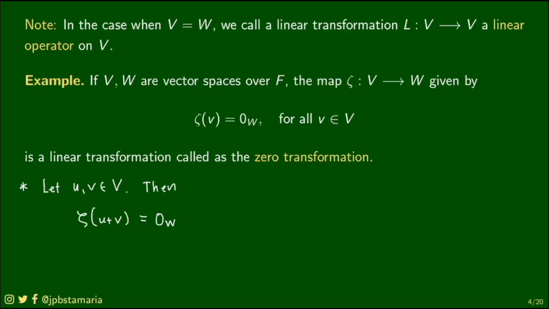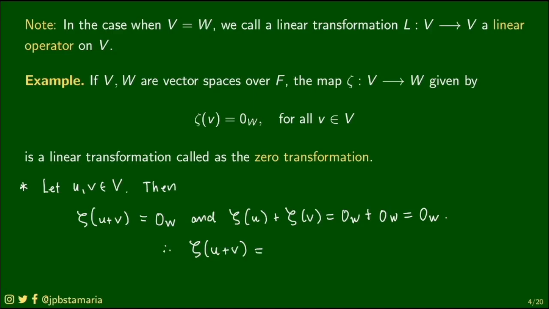It takes everything to 0. On the other hand, zeta of u plus zeta of v is going to be 0_W plus 0_W, which equals 0_W, of course. Therefore, we can say that zeta of u plus v equals zeta of u plus zeta of v, which is the equation L1.